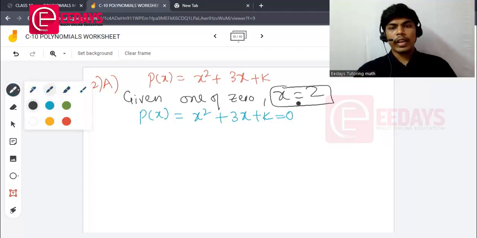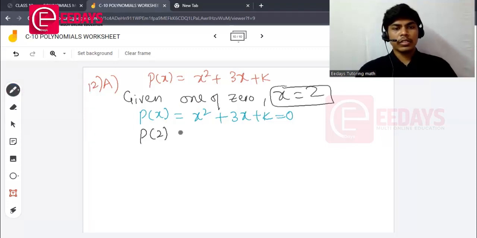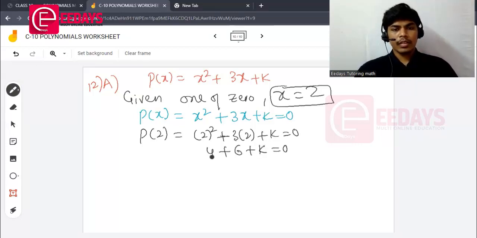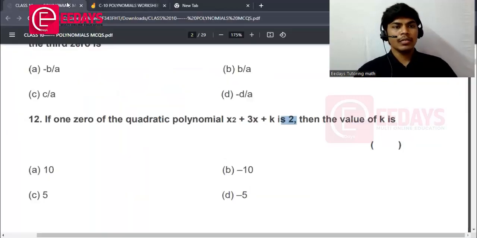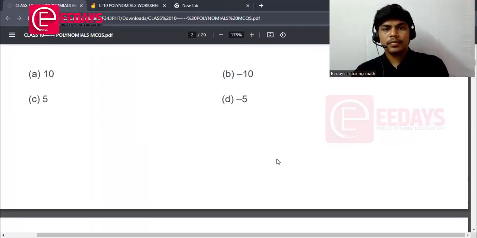So p of 2 is equal to 2 square plus 3 into 2 plus k is equal to 0. 2 square is nothing but 4, 3 into 2 is 6, so 4 plus 6 is 10 and k is equal to minus 10. They asked you to find the k value, so the k value would be minus 10. Option B is the correct answer.